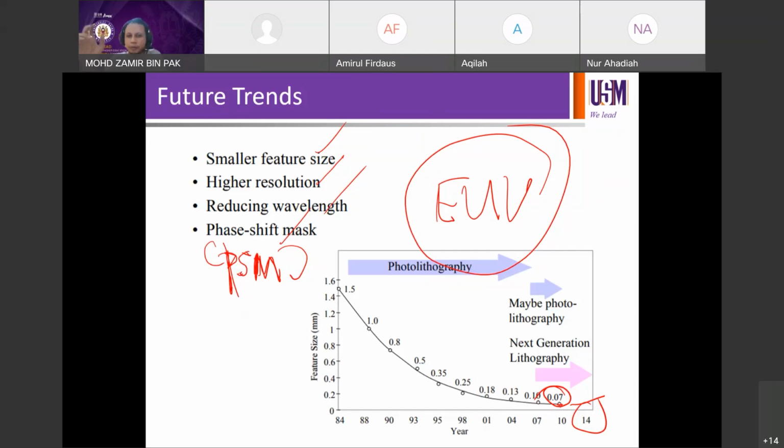At this point, where you can see the complexity of the system and the printing is like down to 5 or 3 nanometer, and the optic is already like costing the system to be 300 million USD already. Okay, just to print 5 or 3 nanometer.